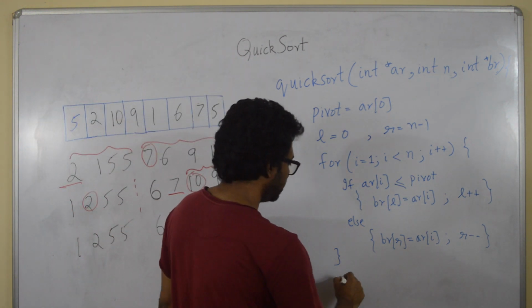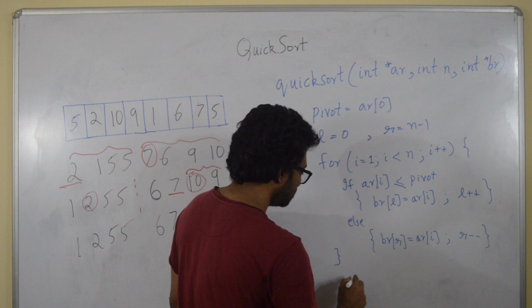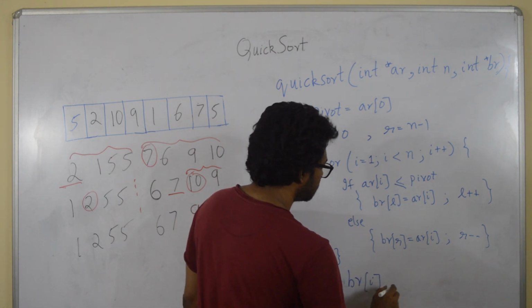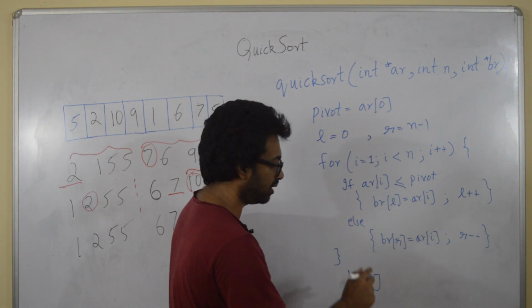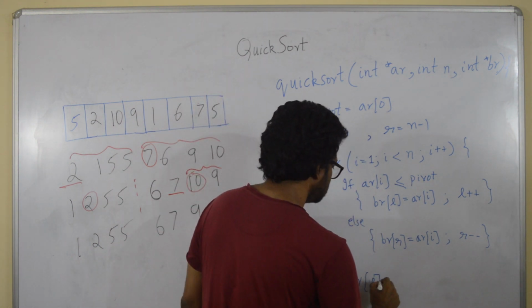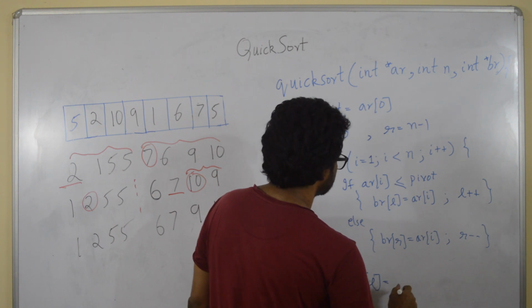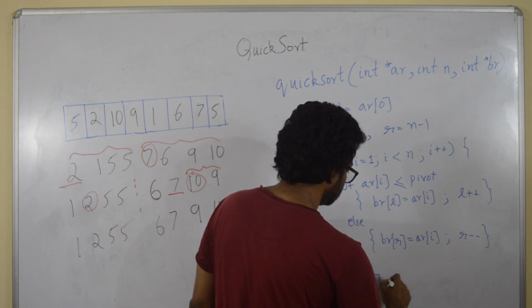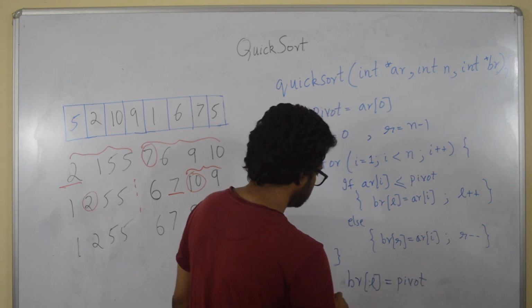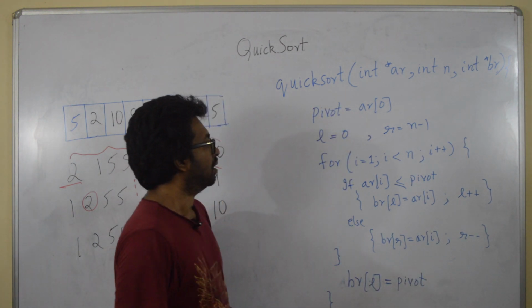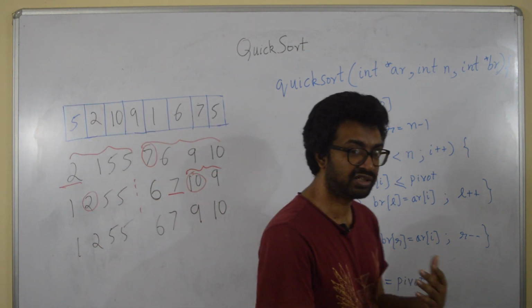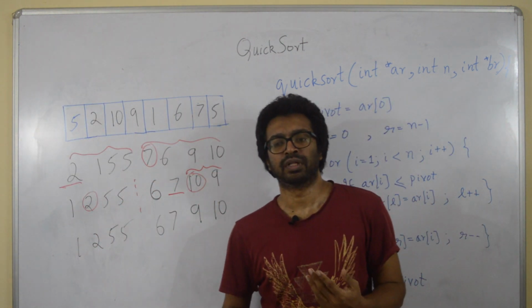So I'll just put it there, not I, L. So L and R are going to come to the same spot. So this is a version of the Quicksort algorithm.